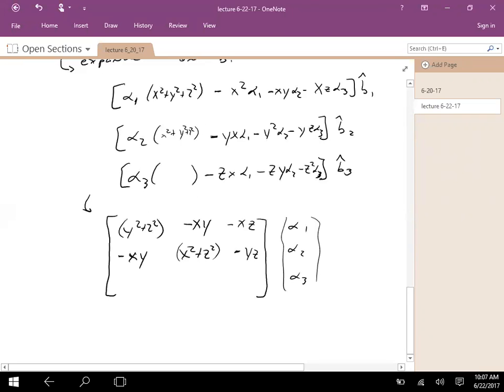And then the last row: alpha 1 is minus xz, alpha 2 is minus yz, it's kind of hard to read my writing there, and then x squared plus y squared. Excellent. And notice that this is in the B frame, so it's the B1, B2, B3 coordinates.